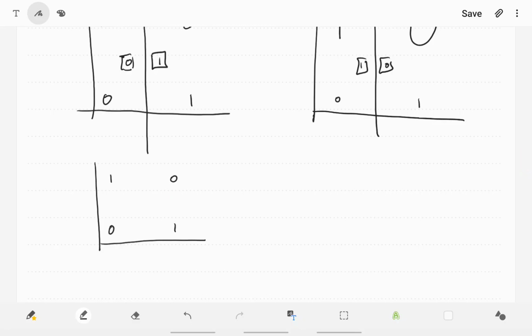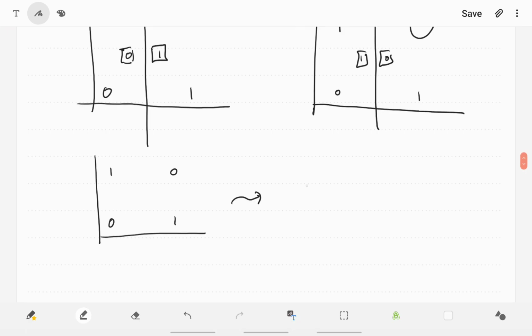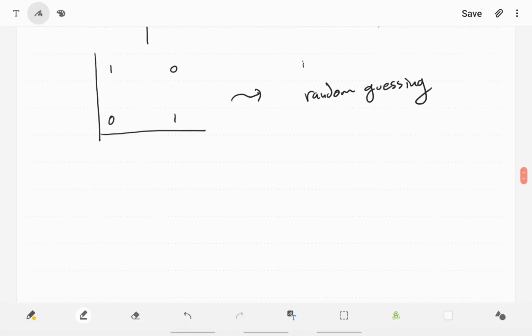So when you do this averaging, you get something that is effectively a net zero classifier. It's just going to be random guessing.